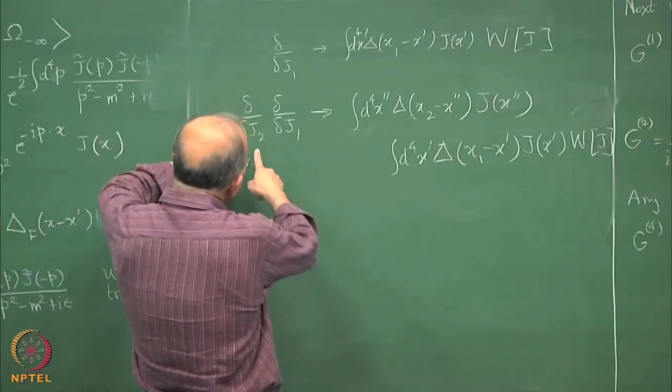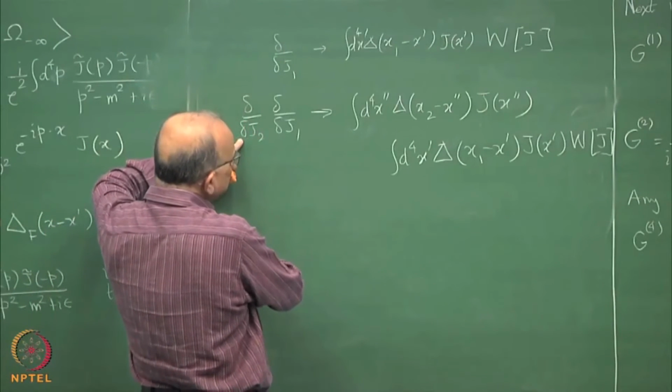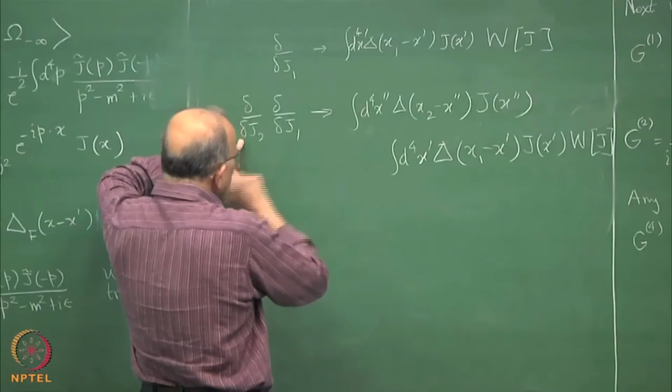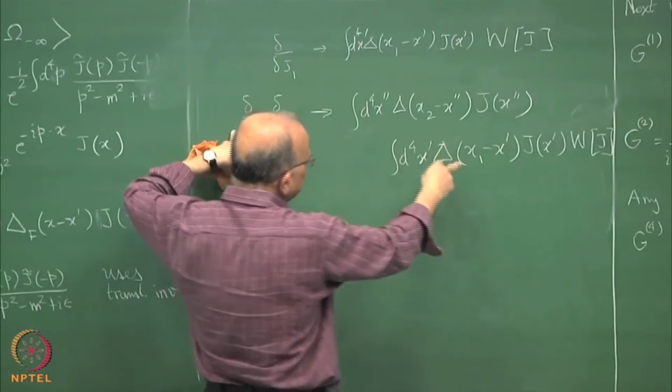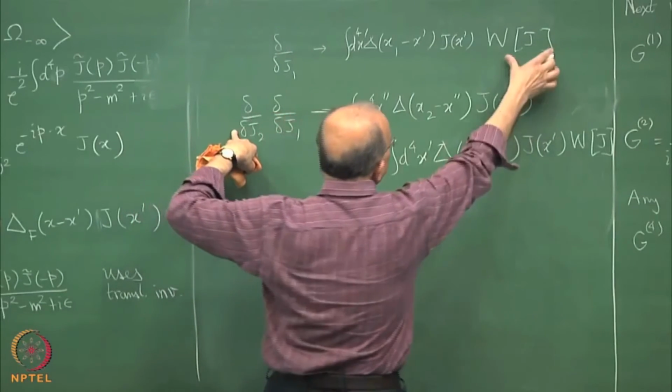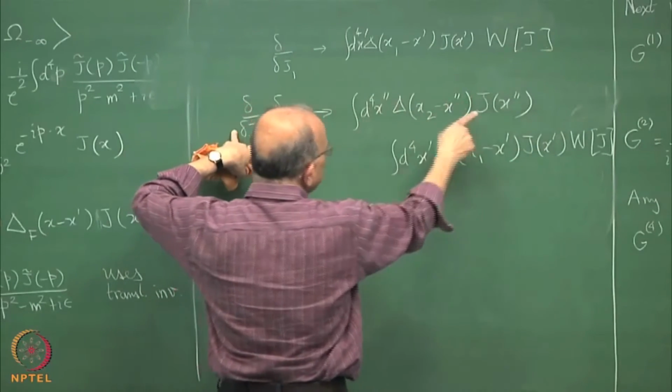The point is, when I now hit with a dJ3, at this point itself I have 2 possibilities. One is this, where this has come down from the exponent, or the J2 could just hit this.